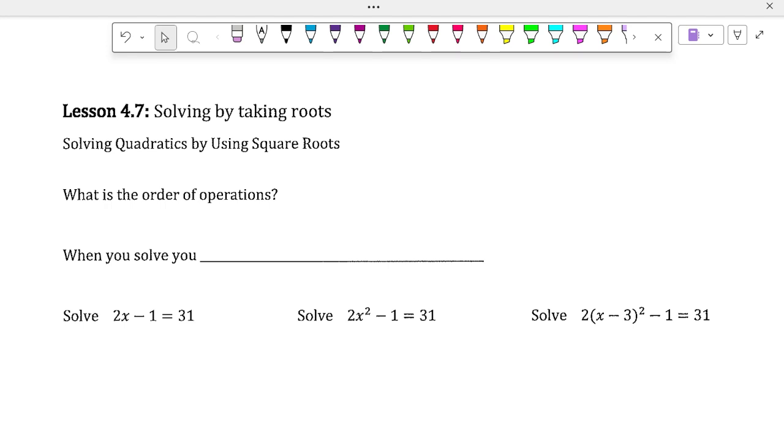All right. So first off, when we solve quadratics by taking a square root, what's my order of operations? So if I told you order of operations, what do you think immediately? PEMDAS. So remember, when we solve equations, what's actually the order of operations?